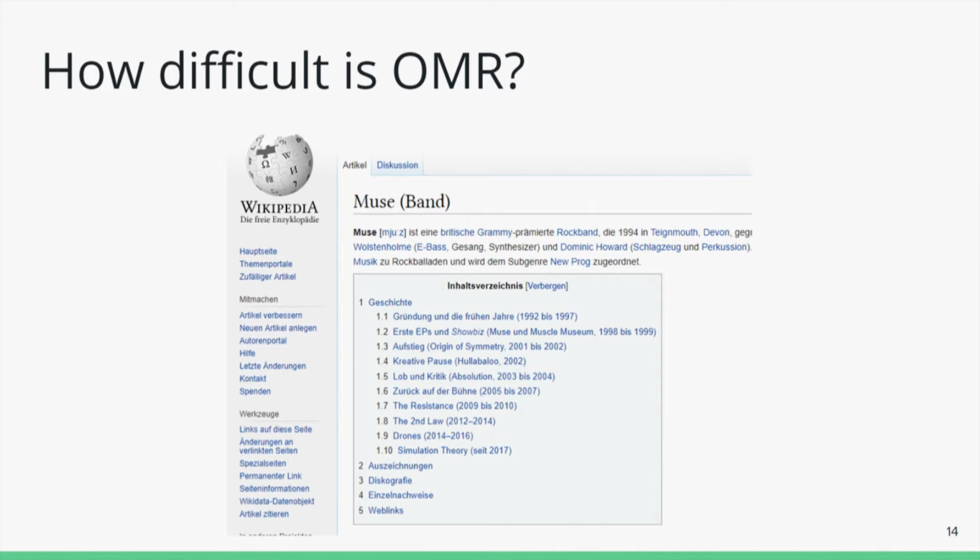And as you can imagine, there is not one universal truth of that source code. I mean, there can be various ways to achieve the same visual result. And that's about the difficulty of optical music recognition. So if people say, oh, that's not too hard, well, you can give them this example and ask them whether they think it's hard or not.